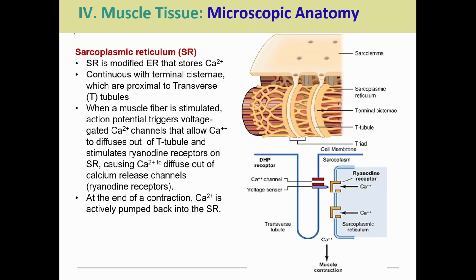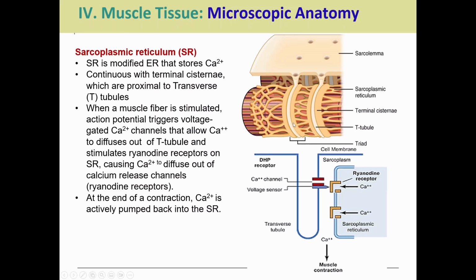So the sarcoplasmic reticulum is just the smooth ER that's been modified. It's a major storage facility for calcium ions. It is continuous with the terminal cisternae, which then will join up and sandwich the T-tubules. And when a muscle fiber gets stimulated, we have an action potential that occurs. It triggers those voltage-gated channels, specifically in this case for calcium, so that calcium will diffuse from the T-tubule.